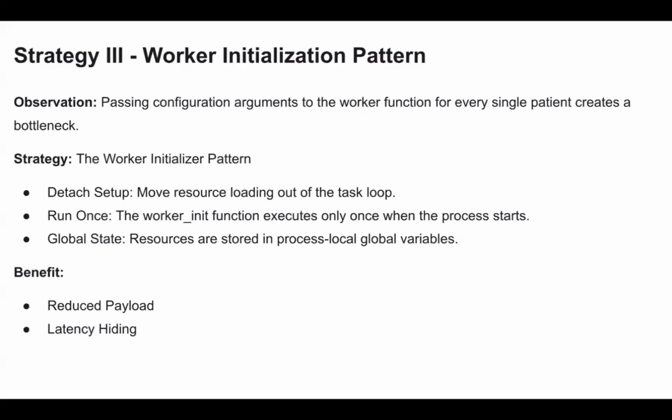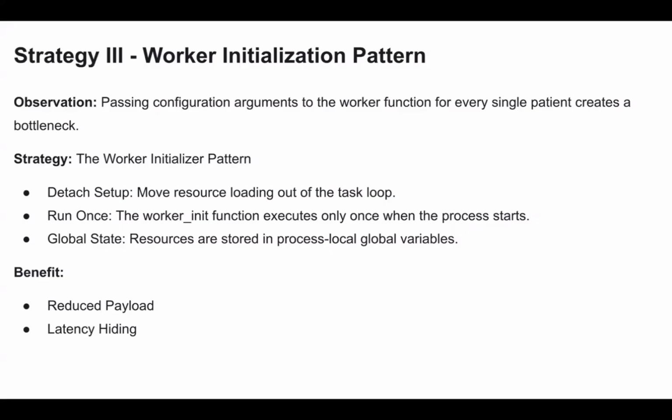So we have parallelized the code for the data and the memory, but I also noticed another inefficiency, which is the communication overhead. Even though the data is on the disk, we still need to tell the worker where it is.